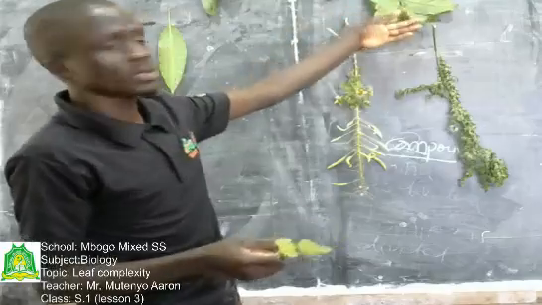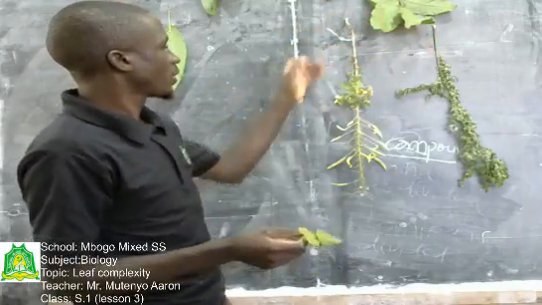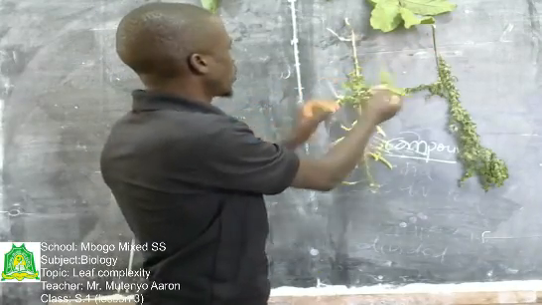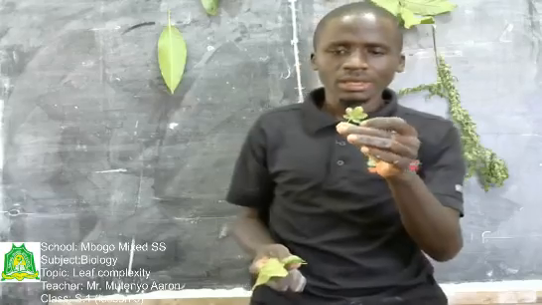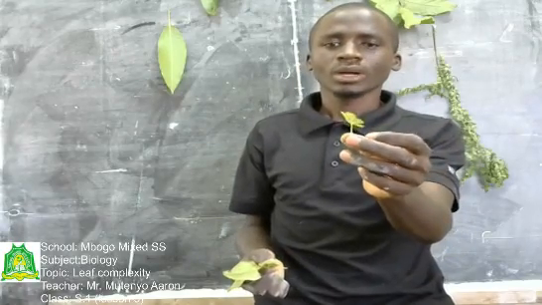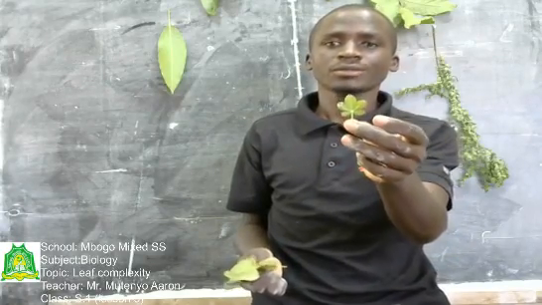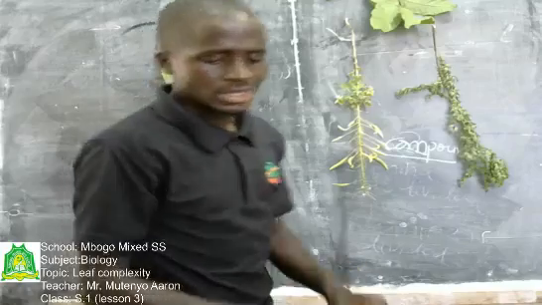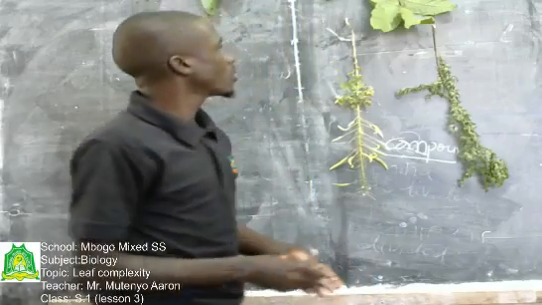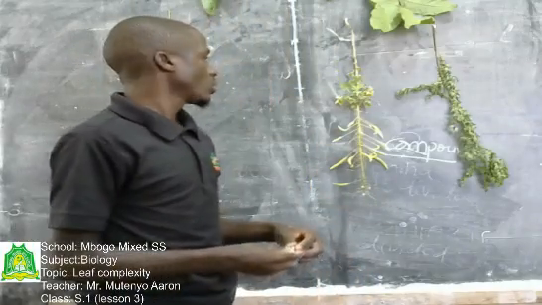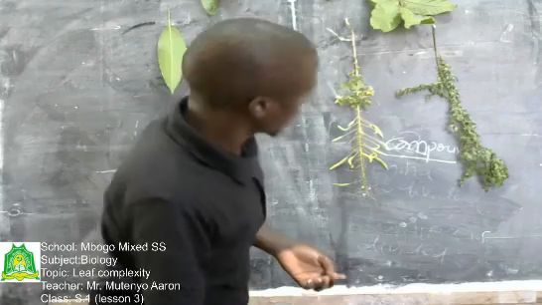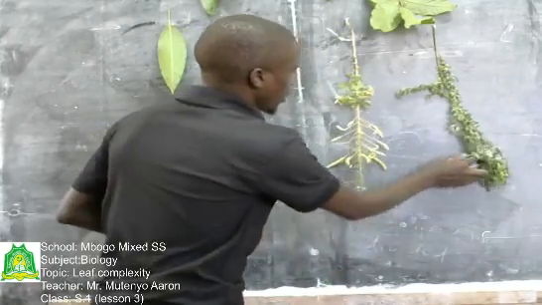And the same happens to these ones. For example, this one here. Small as it is, you may not see it clearly, but this is also a compound leaf. We are going to see that as we continue discussing. Now there are types of compound leaves as we are going to continue exploring. So let's take a deeper study together.